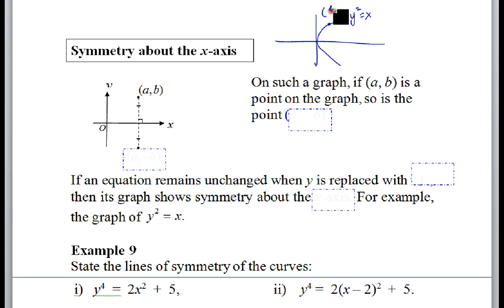You have (4, 2), and then you have (4, -2). How do we tell that a graph is symmetrical about the x-axis? For a point (a, b), you must have a point (a, -b).